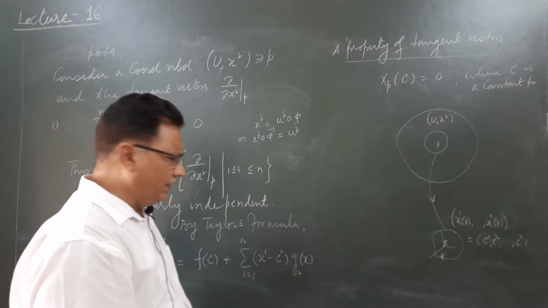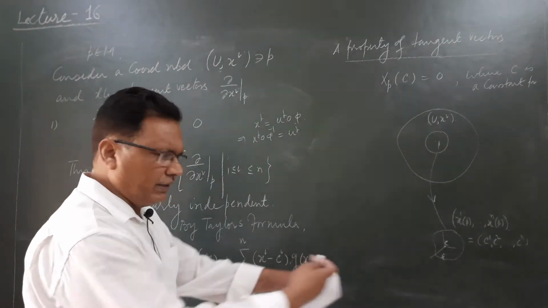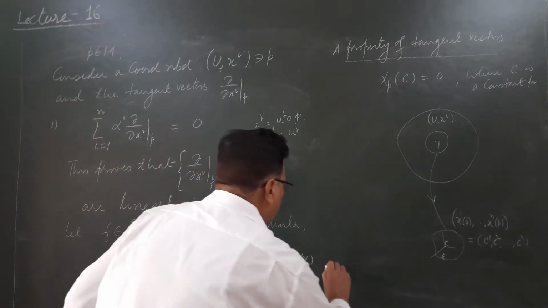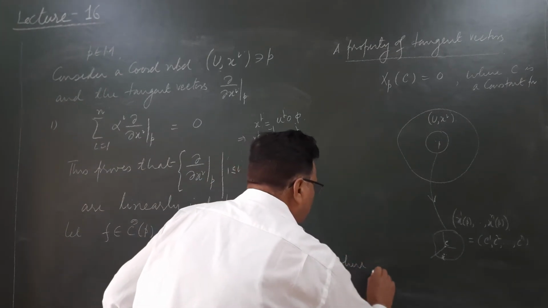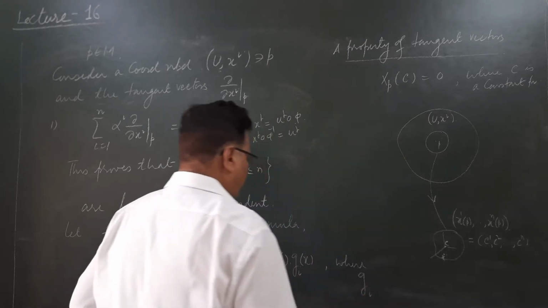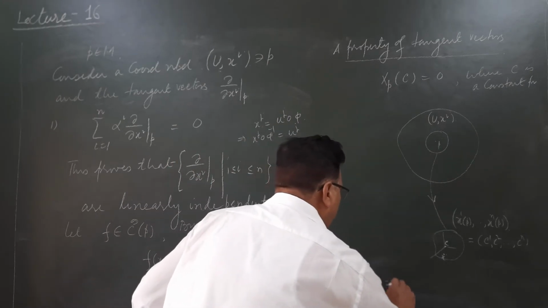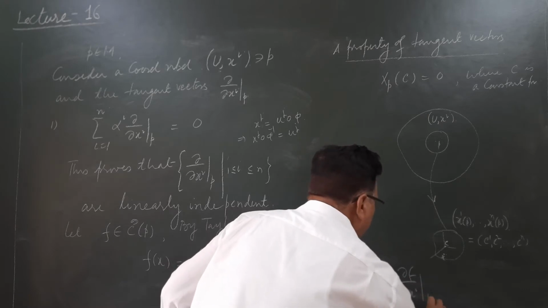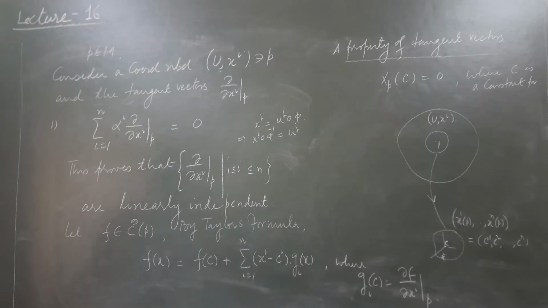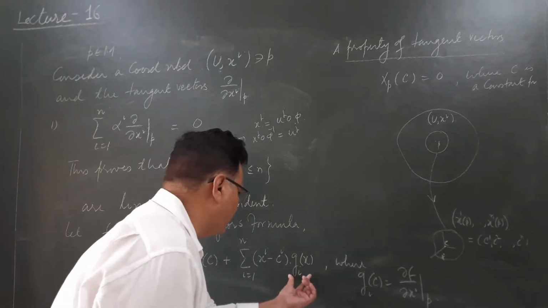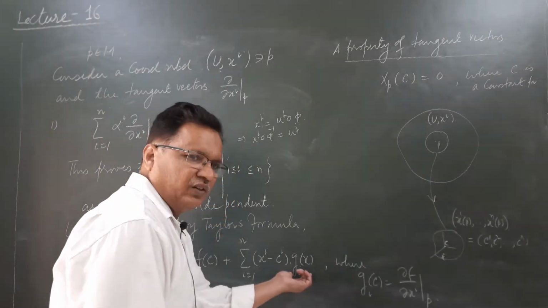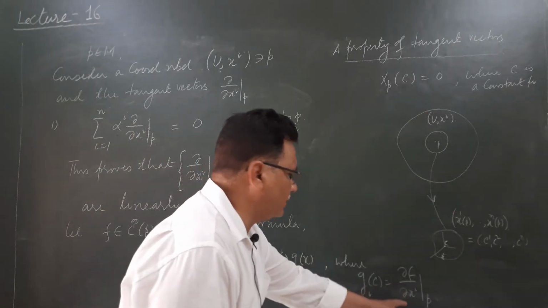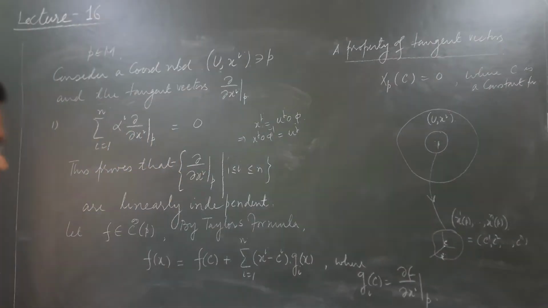Plus higher order partial derivatives also will be there, but I am writing this Taylor series up to order 1 only, where gi at the point C will be del f upon del xi at the point P. This is what I mean. So this is partial derivative. So partial derivative as functions लिख रहा हूँ, value नहीं लिख रहा हूँ मैं, ठीक है ना। उसकी value at C is precisely partial derivative at the point P.